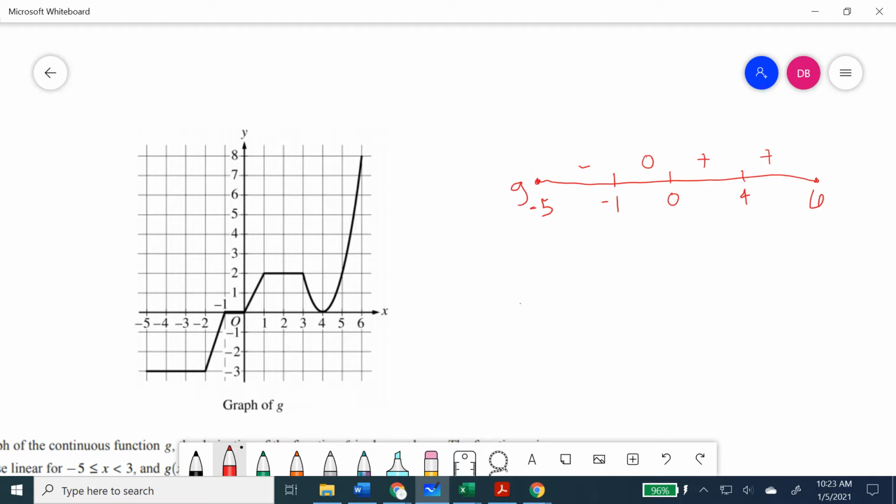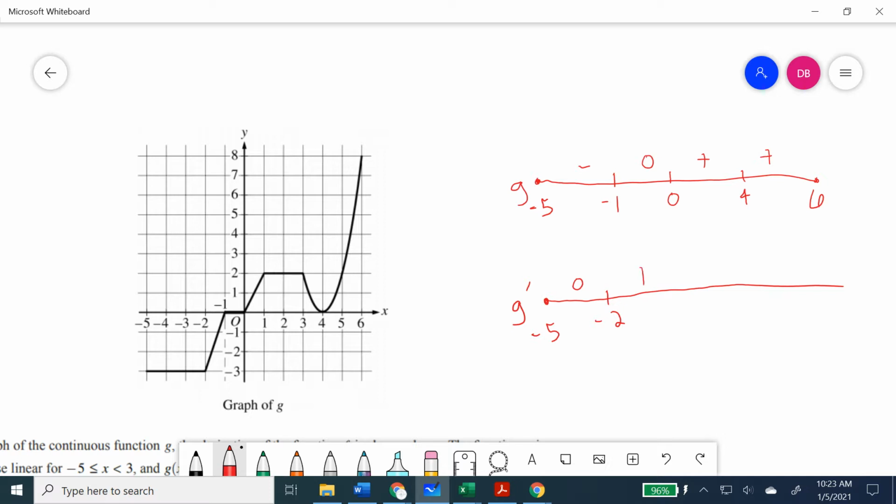The next chart that I will make is for the slope of the given graph. So I'm going to name it G prime. And now I'm going to focus on, is the graph heading up or down? If it's flat, then I'm going to have an interval of 0 written, starting at -5. And again, I'm focused on slope. I'm starting off with it being flat, a 0 slope until I reach -2.